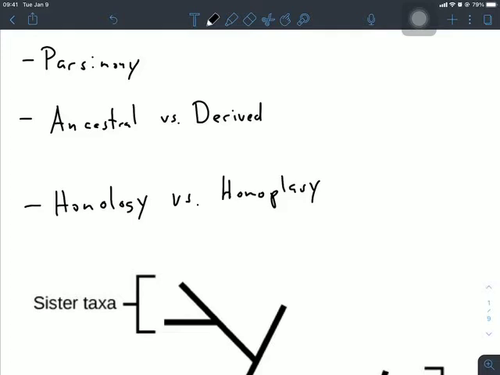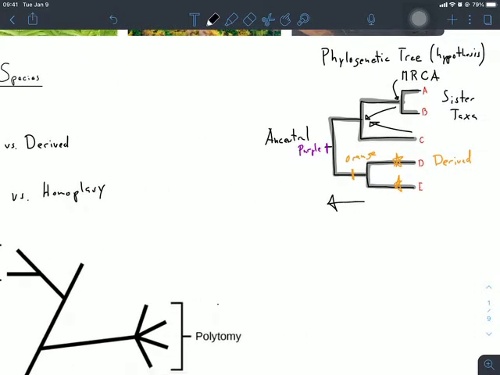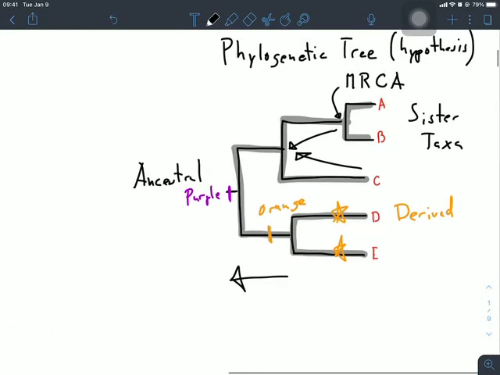A trait that is homologous is one that is derived from shared ancestry, meaning that purple, or even the ability to have flowers, is a trait that's homologous to our tree here.